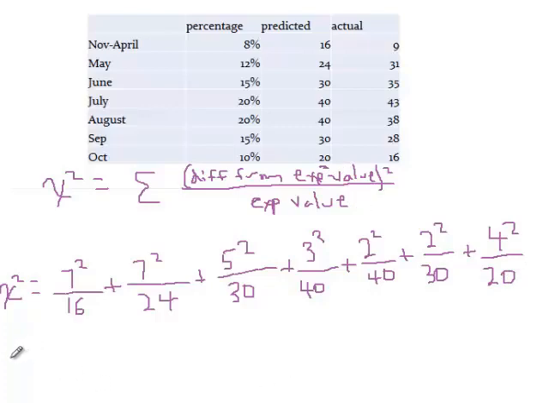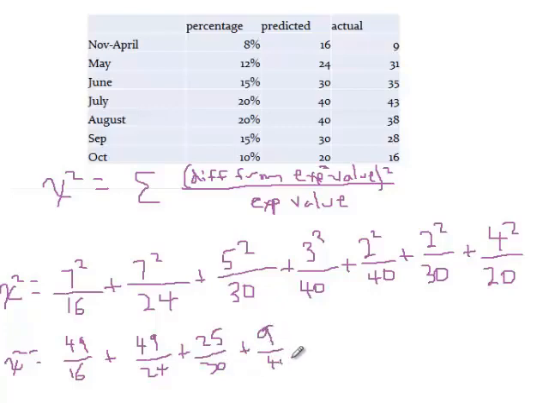Chi-square again equals 7 squared is 49 divided by 16, plus 49 divided by 24, plus 25 divided by 30, plus 9 divided by 40, plus 4 divided by 40, plus 4 divided by 30, plus 16 divided by 20.